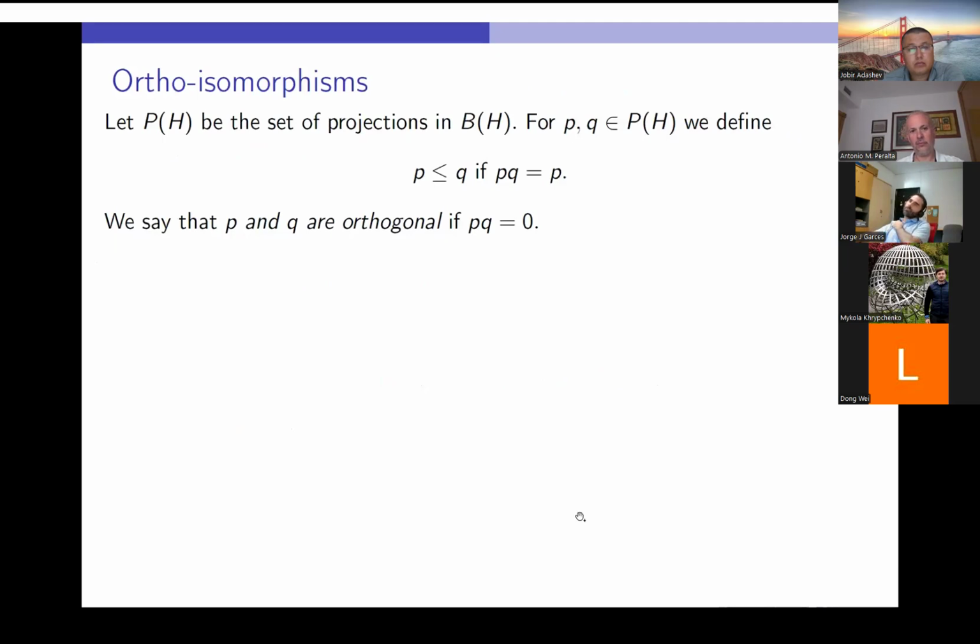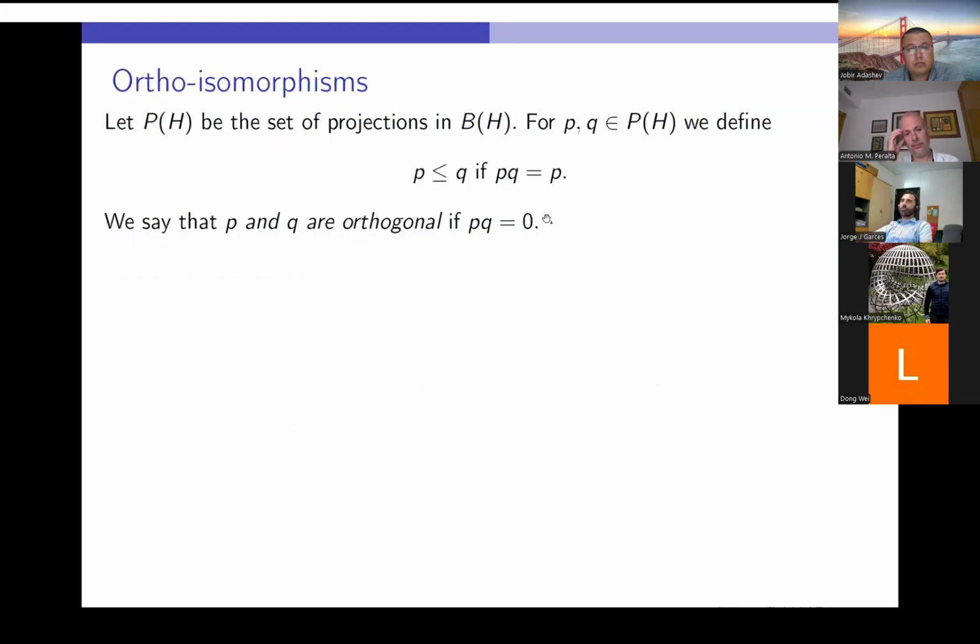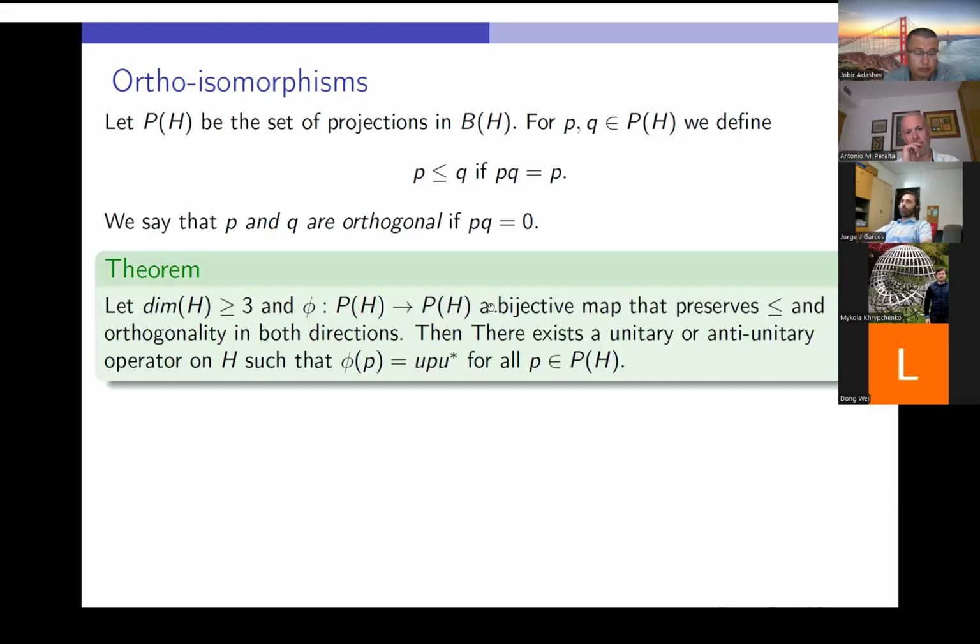Also, this has a certain relation with what we can call ortho-isomorphisms in the lattice of projections. You know that in the set of projections of a Hilbert space, we can define this partial order and this notion of orthogonality, right? Then, it's known that every bijective map that preserves the partial order and orthogonality in both directions is also a symmetry transformation, right?